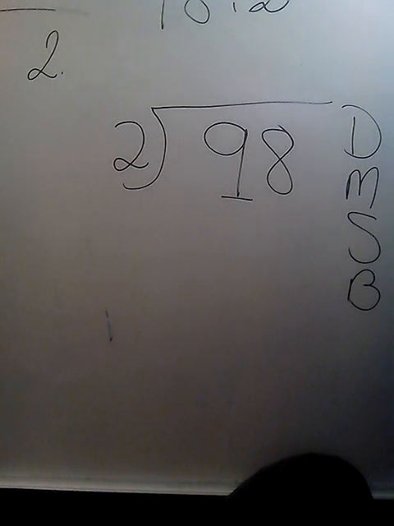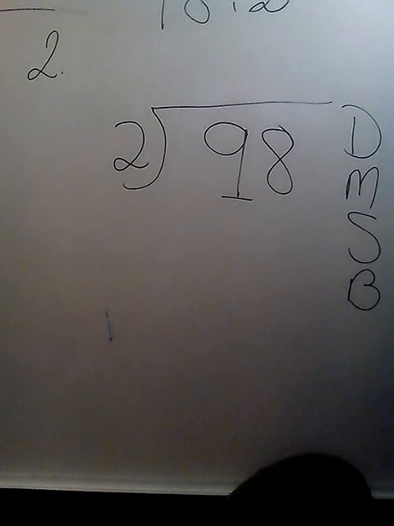How many times? I'm going to ask myself, how many times does 2 go into 9? So this is the D. To get this, I say my 2's until I say 9. If I do not say 9, I get close to 9 without going over. So 2, 4, 6, 8, 10.